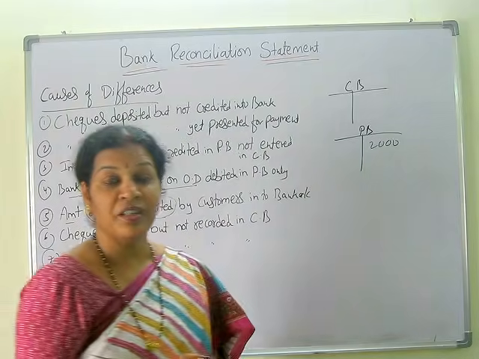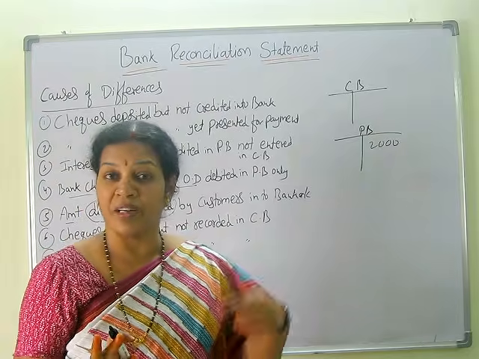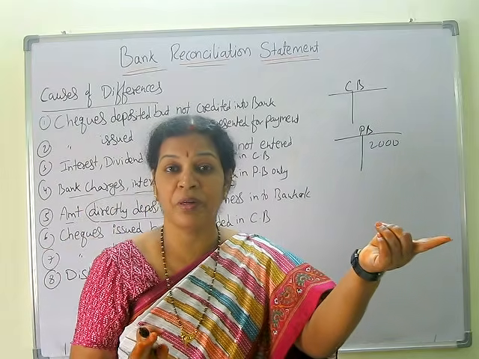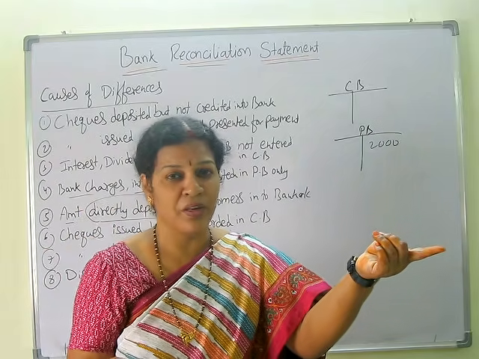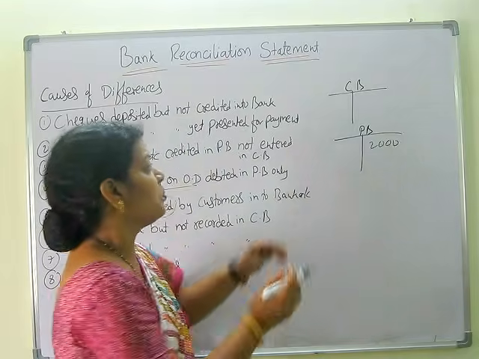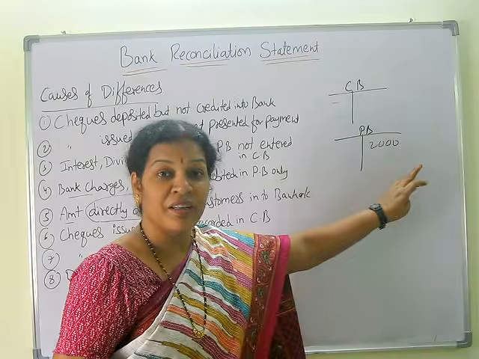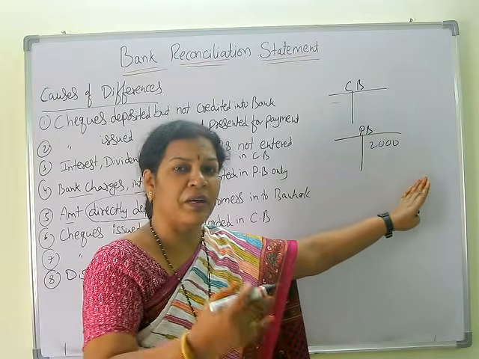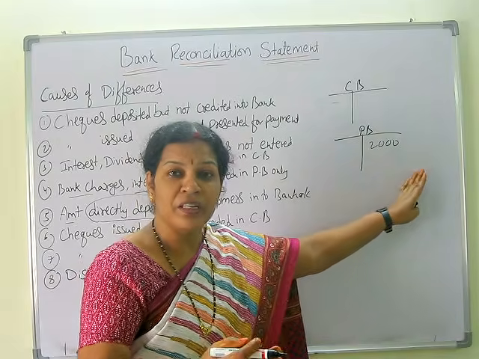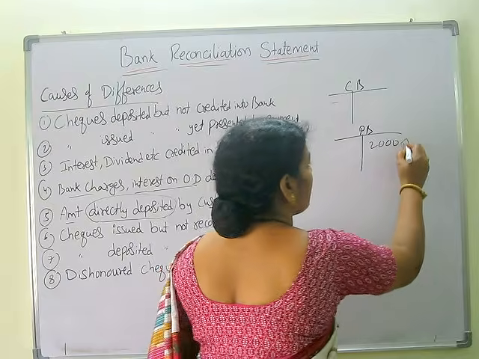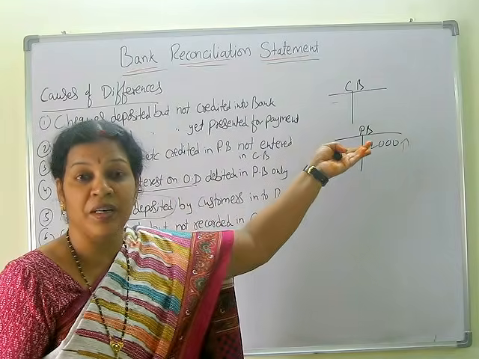Directly deposited, no entry in the cash book. When someone directly deposits, how do we come to know? We can't expect it, so there is no entry in the cash book. But in the passbook we find a credit entry. So the passbook is more compared to the cash book.